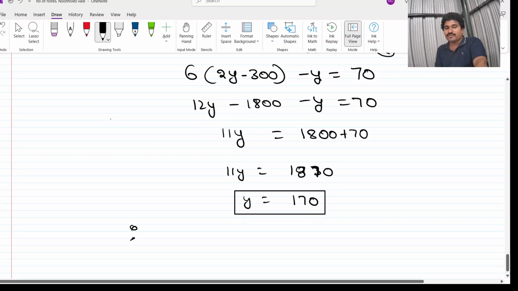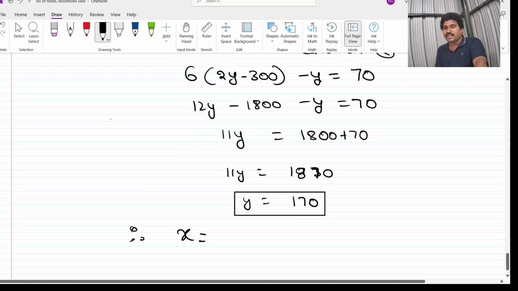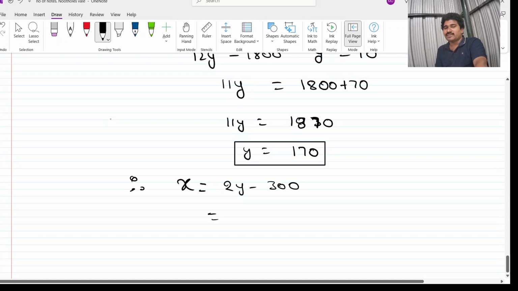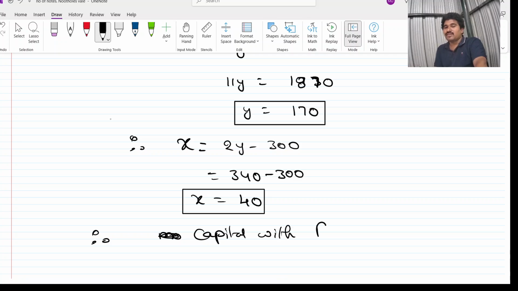Therefore, x is equal to how much? 2y minus 300, that is 340 minus 300, 40 rupees. Yes or no? Therefore, capital with Ritanya is 40 rupees.